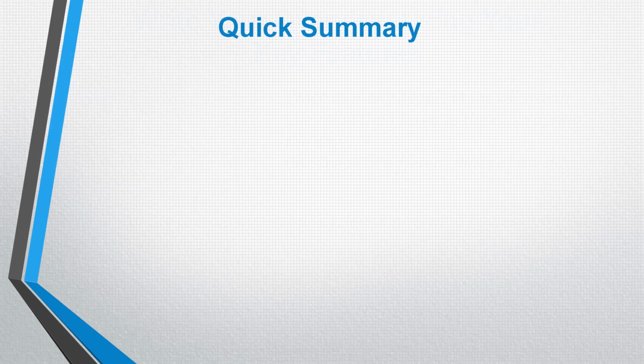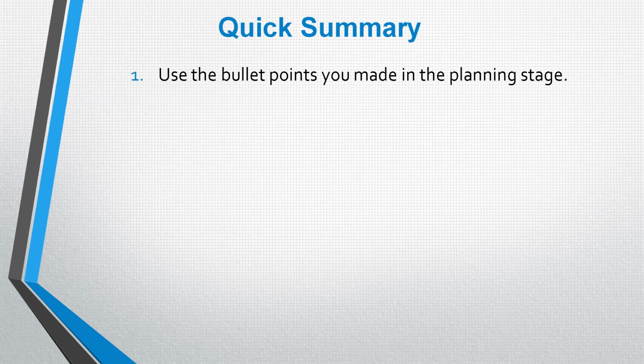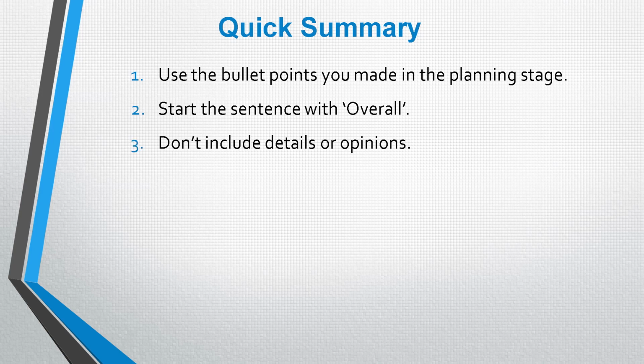So here's a quick summary of that process again. Refer back to the bullet points you made in the planning stage. Start your paragraph with the word overall, and don't include any details or opinions. Simply write 2 to 4 concise sentences that include the key features that you've already identified, and that will form your overview paragraph.